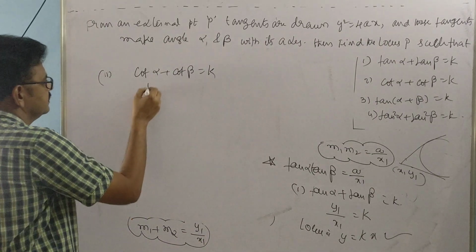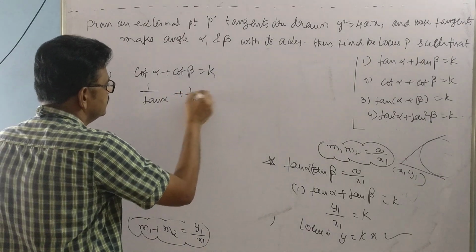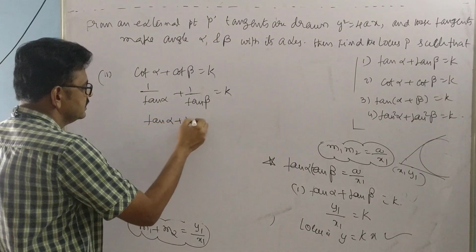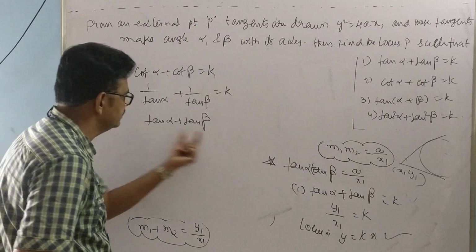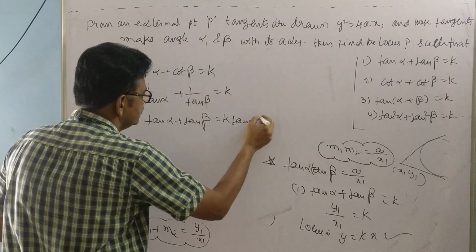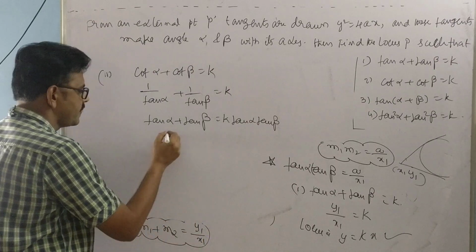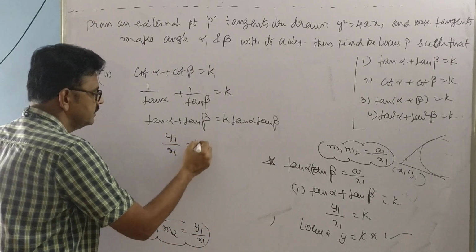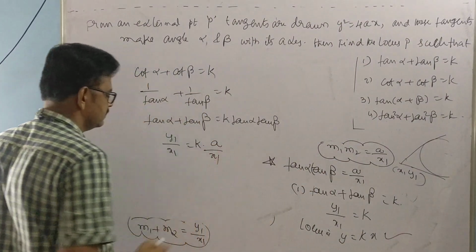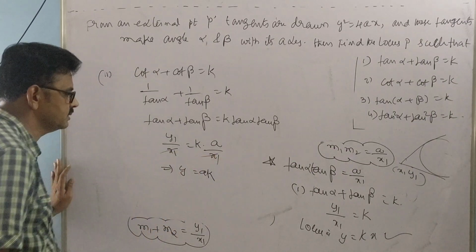That is 1 by tan alpha plus 1 by tan beta equal to k. By taking LCM, tan alpha plus tan beta by tan alpha tan beta equal to k. Cross multiplication: tan alpha plus tan beta is y1 by x1, equal to k into tan alpha tan beta, which is a by x1. This implies the locus is y is equal to a k.